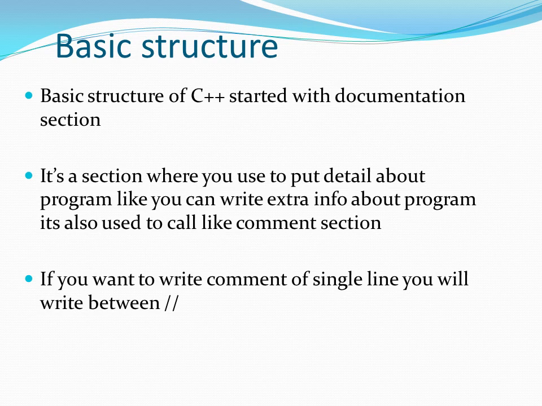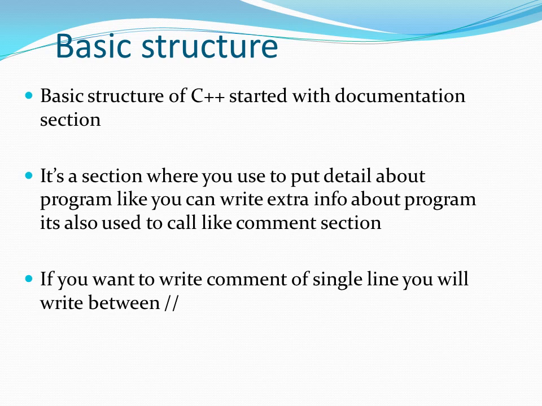Basic structure. The basic structure of C++ starts with the documentation section. It is a section where you put details about the program, like you can write some extra information about the program.